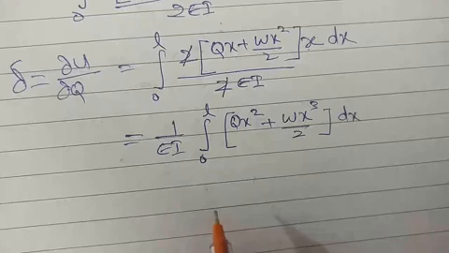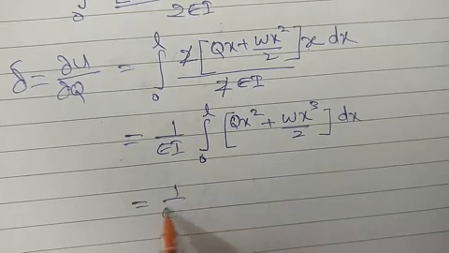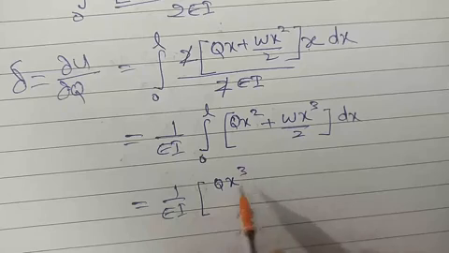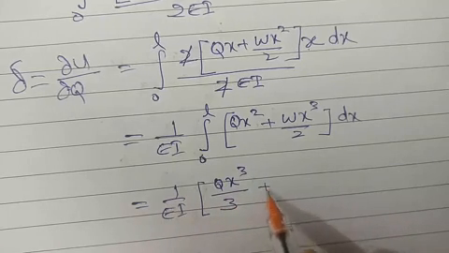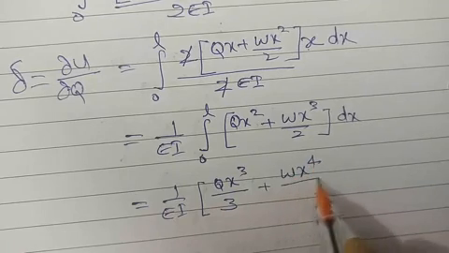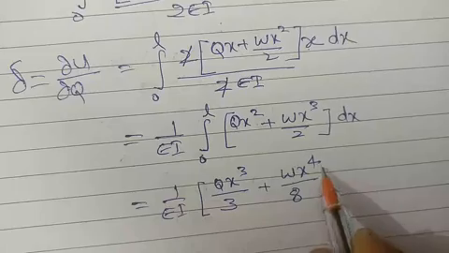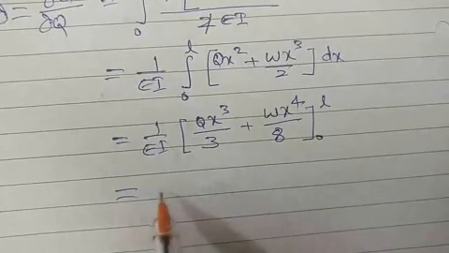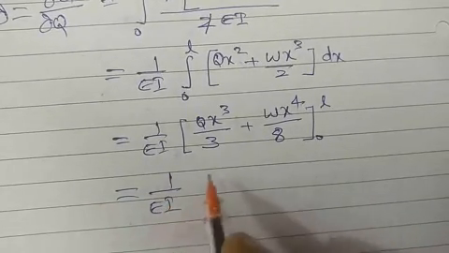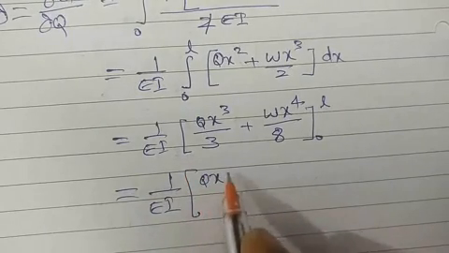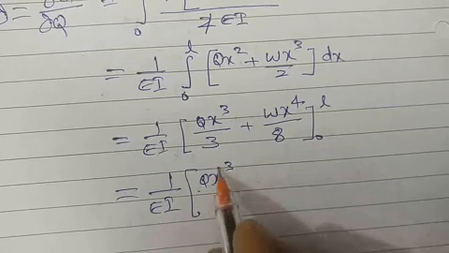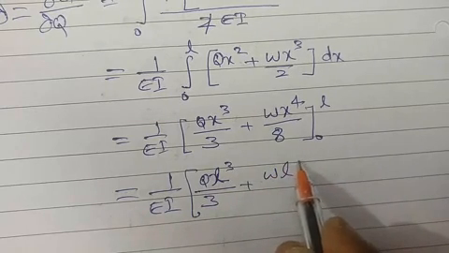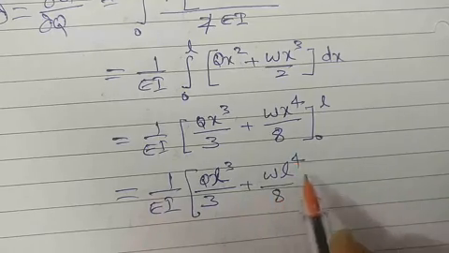Now we will do integration. 1 by EI, Q x cube by 3 plus W x to the power of 4 by 8, 0 to L. 1 by EI, Q L cube by 3 plus W L to the power 4 by 8.